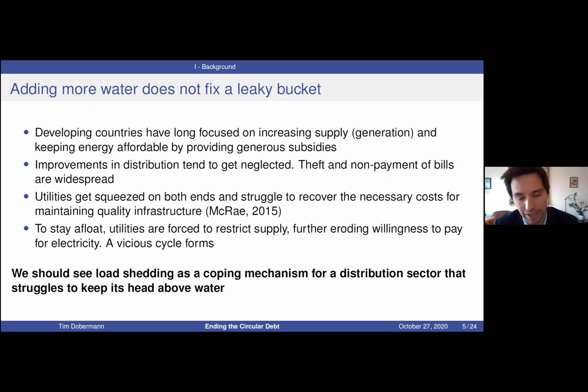And equally, they're not able to make investments into maintaining the quality of supply that's necessary. And so the only rational response, given that utilities can't shut down, is this: if a utility was a private company and it was losing so much money because of theft or the price was too low, then they would have shut down operations. But naturally, this is not a feasible response because utilities are public entities or they're providing a public service.